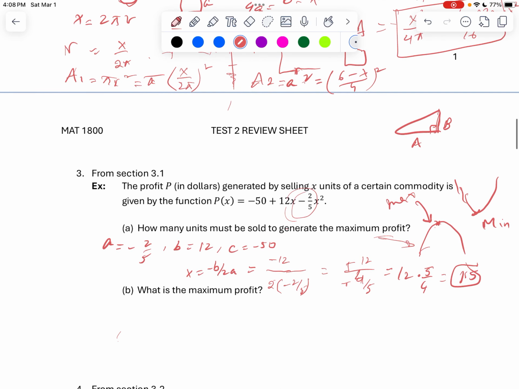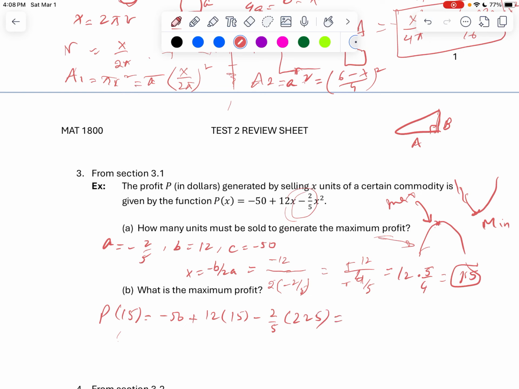So what is the maximum profit? The maximum profit you have to calculate by plugging this in for the x value in the function. So P of 15 is equal to negative 50 plus 12 times 15 minus 2 over 5 times 15 squared, which is 225. Now simplify.